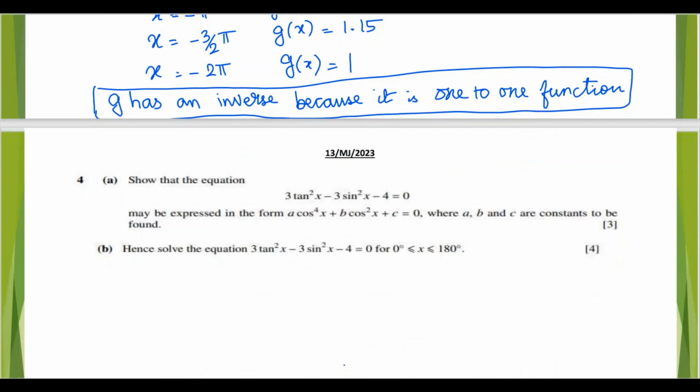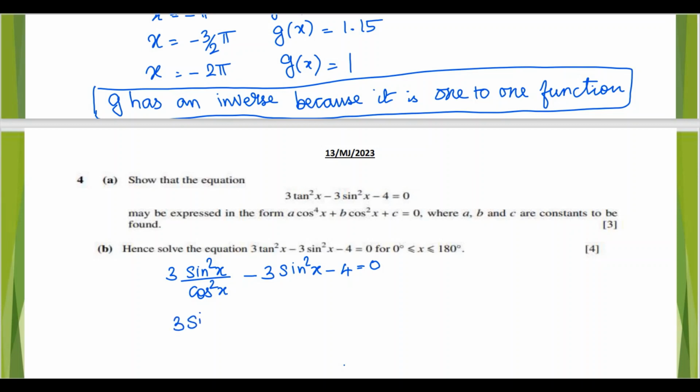So we have to express the given equation in terms of cos. So 3 tan square x can be written as sin square x by cos square x, minus 3 sin square x minus 4 equal to 0.